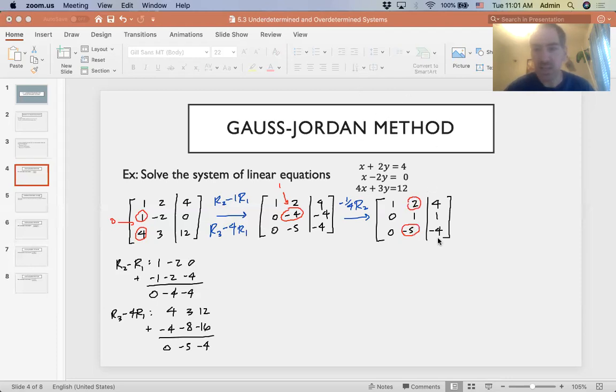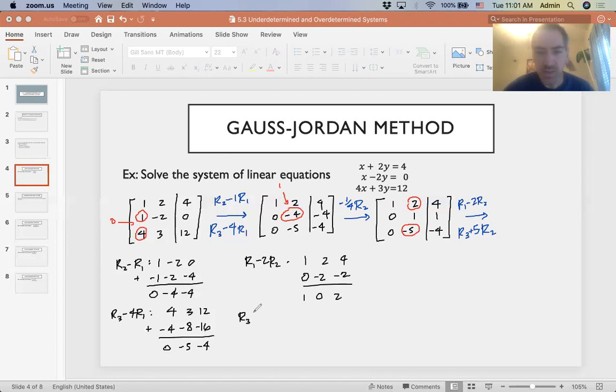And we can do that by taking row 1 and adding the additive inverse. And the same thing with row 3. Add the additive inverse. So row 1 minus 2 times row 2. -2 times row 2 is 0, -2, -2, which gives 1, 0, 2.